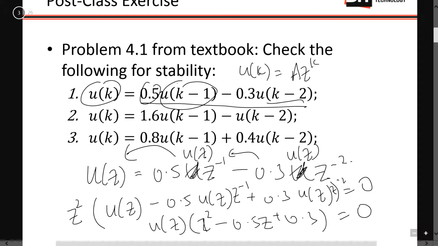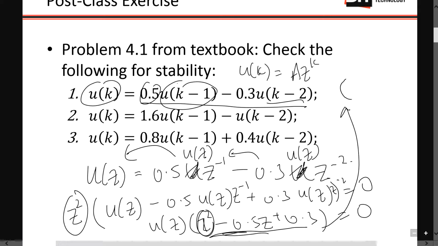Anyway, you should get a feel of it. I'm just rearranging stuff. Multiply z squared in there, so I have z squared minus 0.5z, and you write it out and you know what I mean, because I just want to quickly go through this. Once you have this quadratic equation, you can solve it and eventually you get some values. We actually solved this already, so I'm not going to solve it for you again.